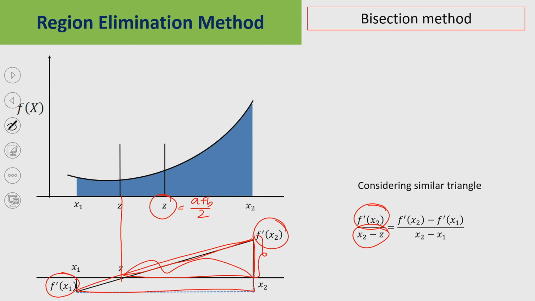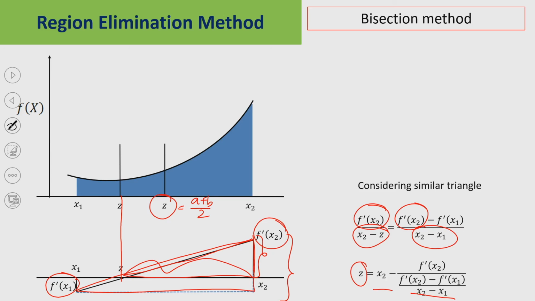Now, from the other triangle, this value is the derivative at x2, f dash x2 minus f dash x1, and the distance is x2 minus x1. If I simplify that, I will get the value of z: z equals x2 minus f dash x2 divided by (f dash x2 minus f dash x1) divided by (x2 minus x1). So, I can calculate the value of z.